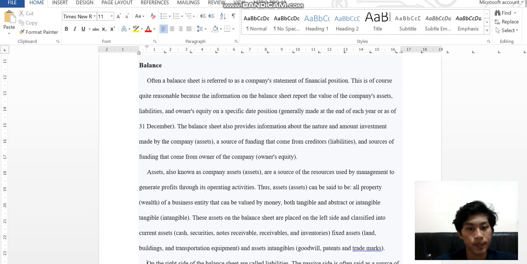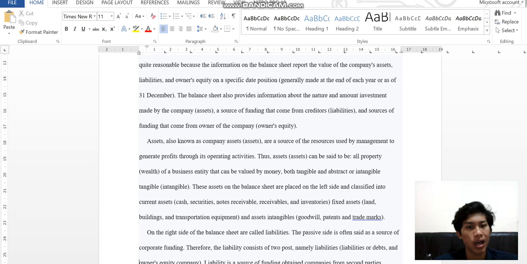owner's equity. Assets, also known as company assets, are a source of resources used by management to generate profits through operating activity. Thus, assets can be said to be all property of a business entity that can be valued by money, both tangible or intangible.